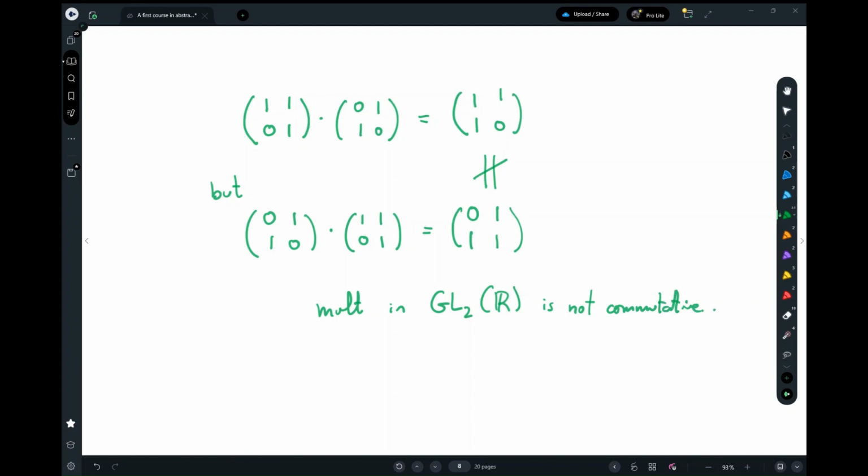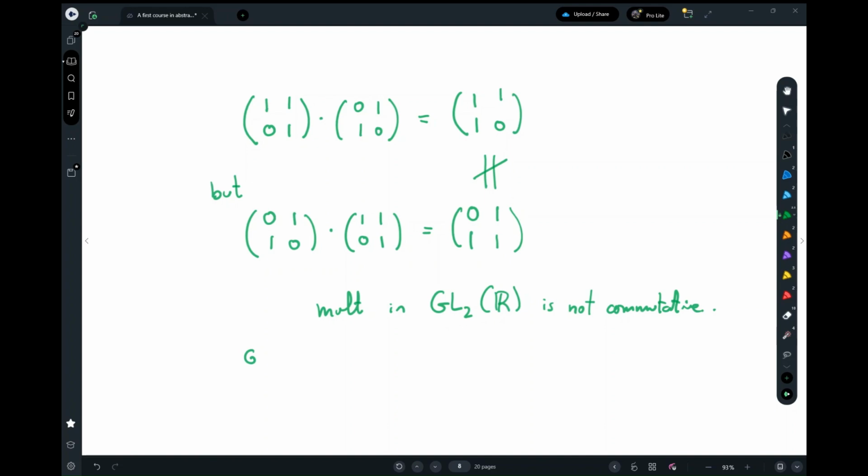So we see that GL2R is something that is very important in linear algebra, in geometry. So we do want to know about the operation on GL2R. So that tells me that the last property we had, G4, should not be a complete requirement, that we can do a more general algebraic object that satisfies G1 through G3 without necessarily requiring G4.